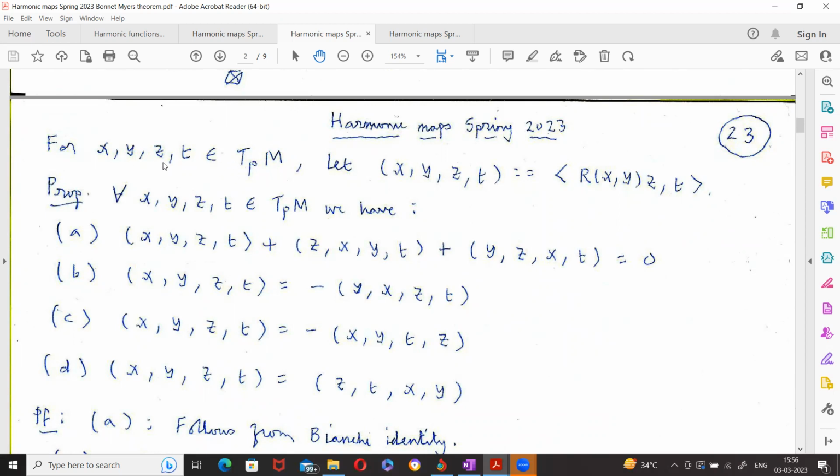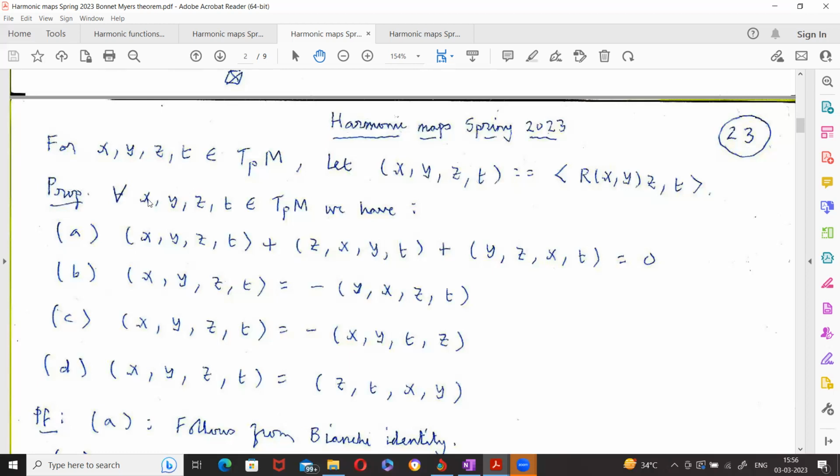It's a function of 4 vectors X, Y, Z, T, which maps to the inner product of R(X,Y)Z with T. So this will determine the curvature tensor entirely. This inner product, I'm going to denote by the bracket [X, Y, Z, T].